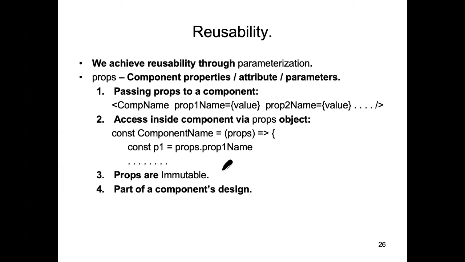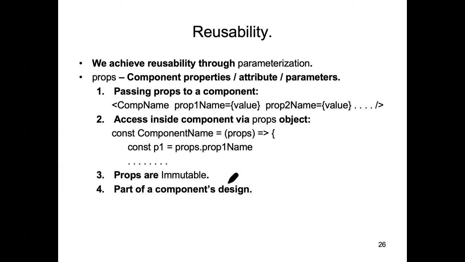Some things that you need to know about props, which aren't obvious. Number one, props are immutable. You cannot change the value of a property inside the component. Syntactically it might allow you to do it, but it won't reflect it. And number two, they're part of a component's design. Again, you're going to have to just take that for now.